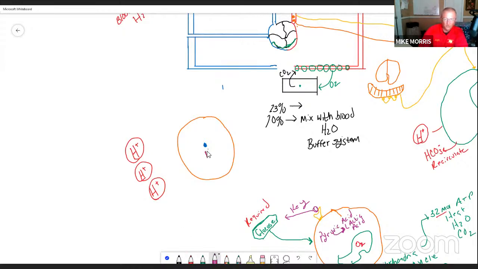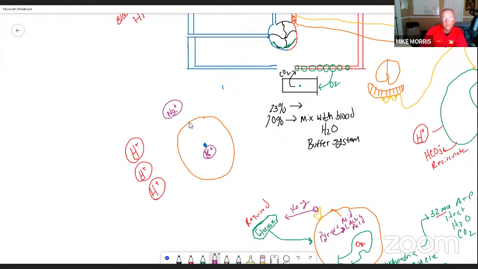Because, and you'll have to know this in chapter 8, you have to know that potassium is the primary intracellular ion. You have to know in chapter 8 that sodium is the primary extracellular ion.